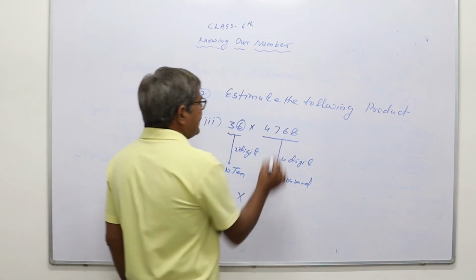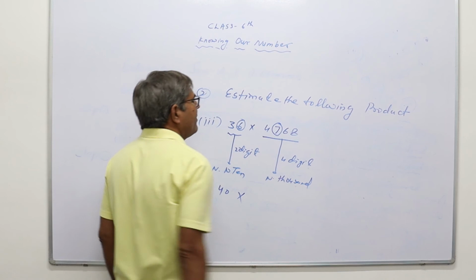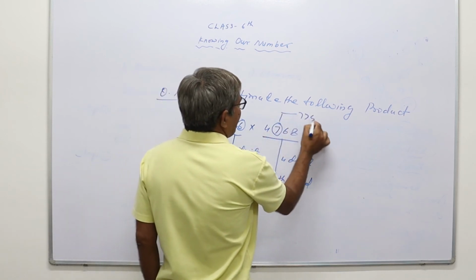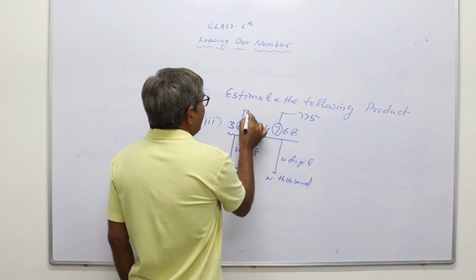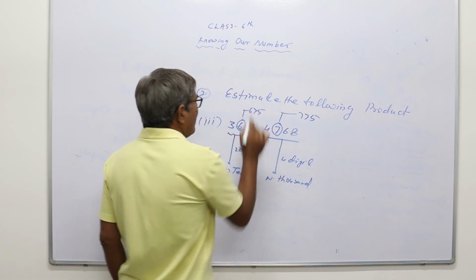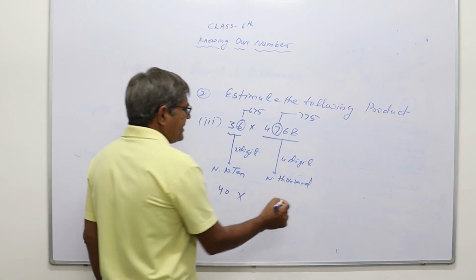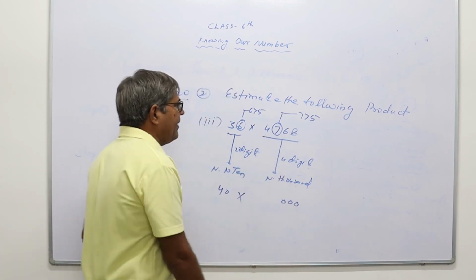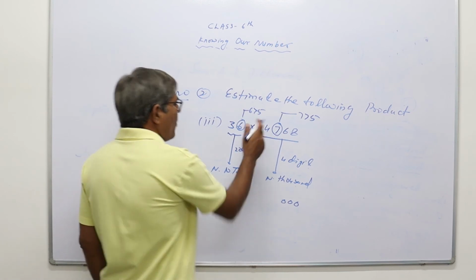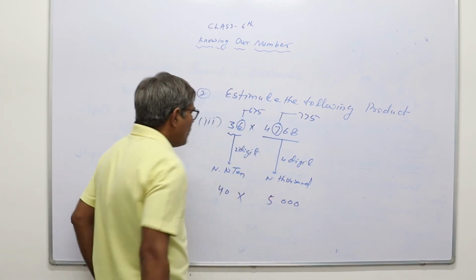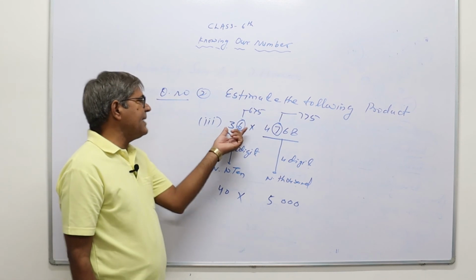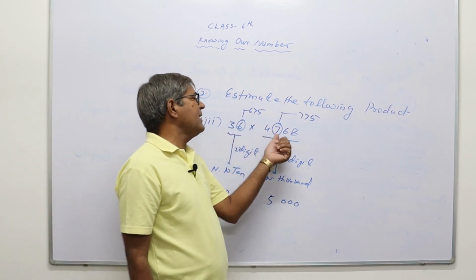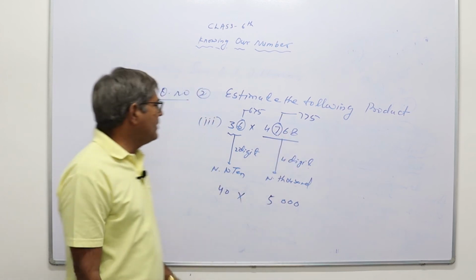Here see, the digit at 100 place is 7, which is greater than 5, and here 6 was greater than 5. So these 3 digits will be replaced by 0 and the digit at 1000 will be increased by 1. So 4 plus 1 is 5. So the estimation to the nearest 10 of 36 will be 40 and the estimation of 4768 to the nearest 1000 will be 5000.